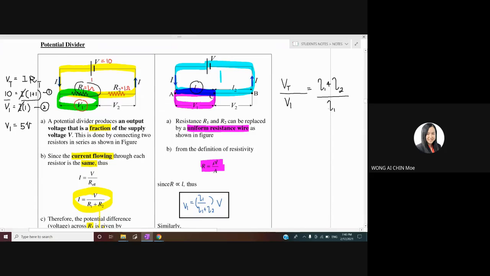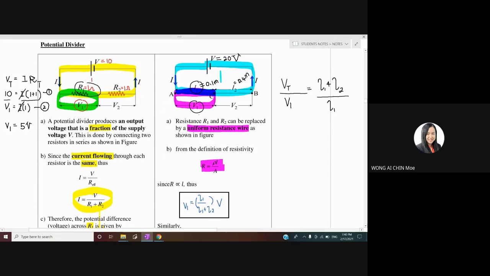For example, the potential difference of the battery, the power supply, is 20 volt. The length of L1 is 0.1 meter, and L2 is 0.4 meter. Can you find V1?